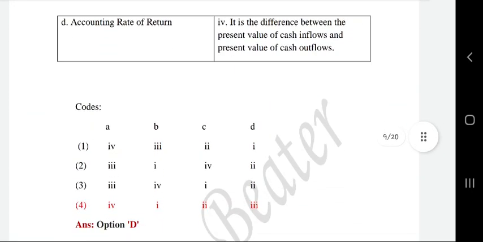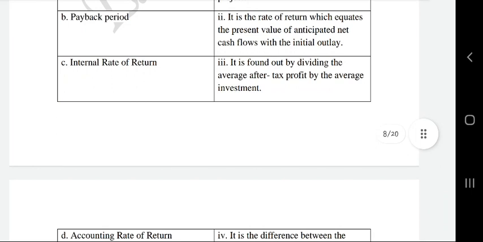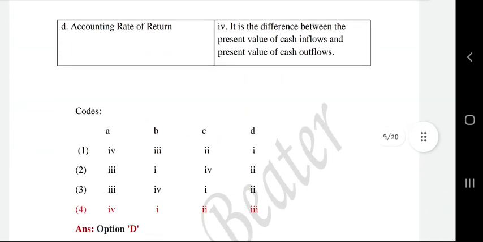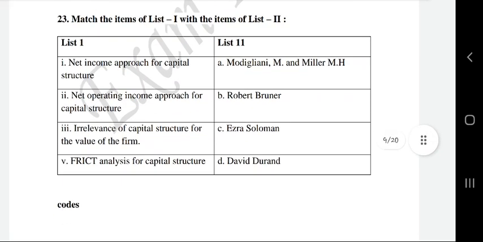Next, D, accounting rate of return. 3 is the answer. It is found by dividing the average after tax profit by the average investment. Okay. Next, match the items of list 1 with the items of list 2.